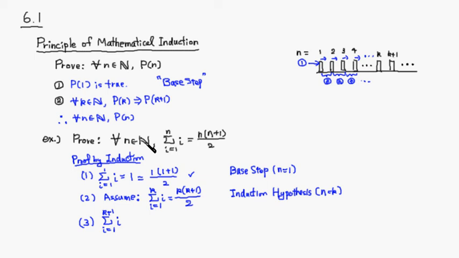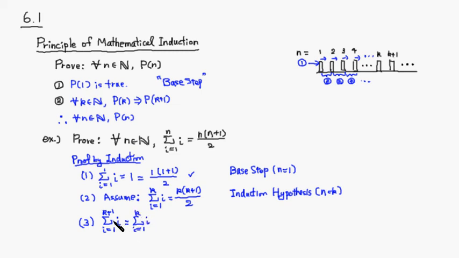Since we'd like to use the induction hypothesis, I'm going to split this summation into two parts. First, sum all the way up to the kth term, from 1 to k of i.